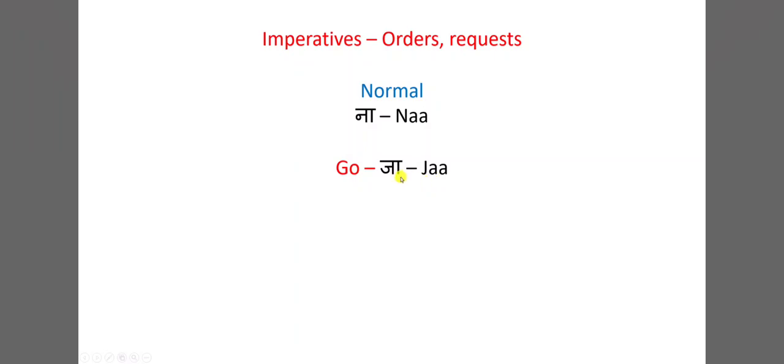We add na to this. And if we do that, then it would be a normal imperative, meaning it is in normal tone, meaning you can use it casually.